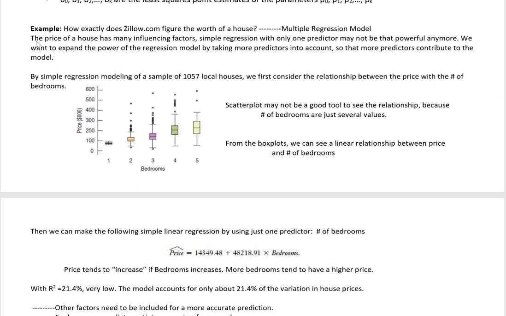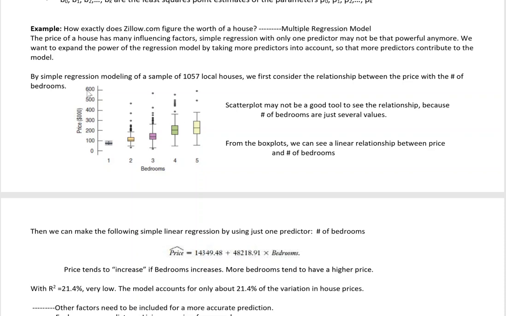The price of a house has many influencing factors. Simple regression with only one predictor may not be that powerful anymore. We want to expand the power of the regression model by taking more predictors into account so that more predictors contribute to the model.